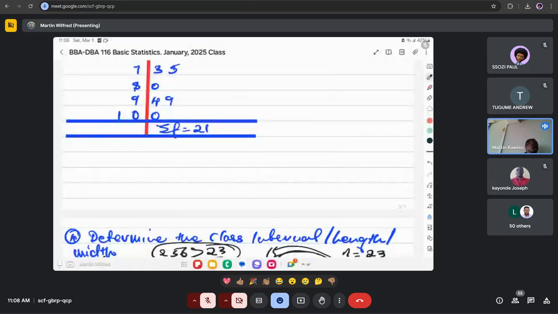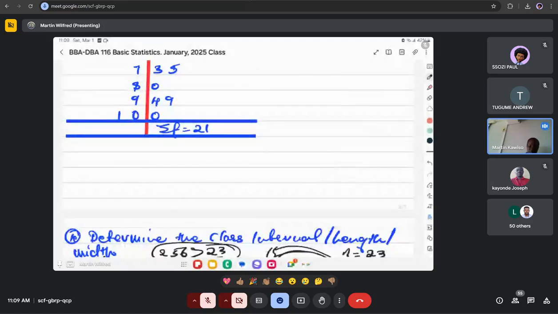Now, for any exercise that you're going to do, the number of classes will be given to you. How many classes you have to group the work into will be given to you.